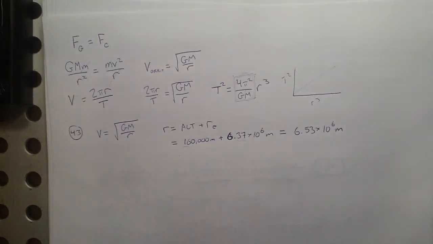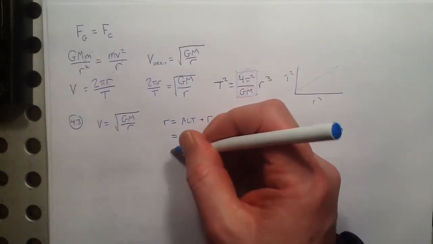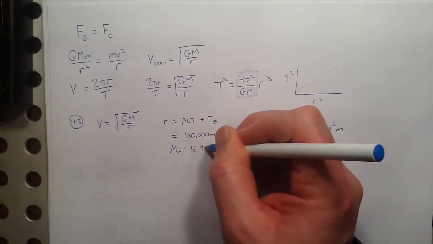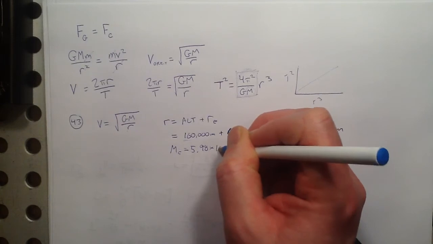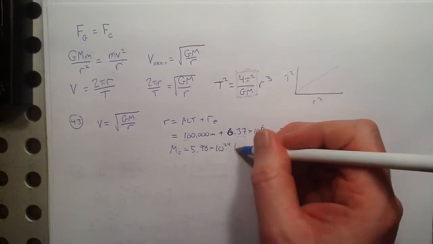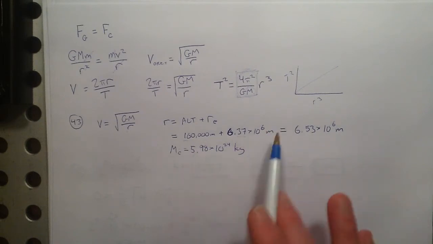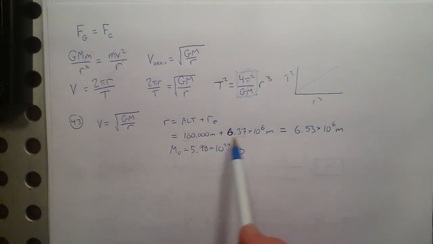So the mass of the Earth is 5.98 times 10 to the 24th kilograms. Near enough, 6 times 10 to the 24th. You'd be given these numbers, of course, if you needed them in some problem. The real important thing here is to realize that you have to do this sum.